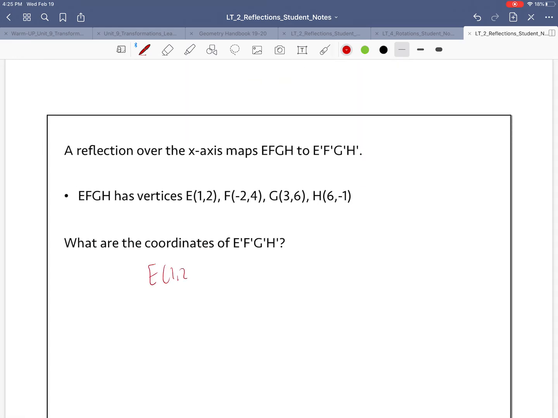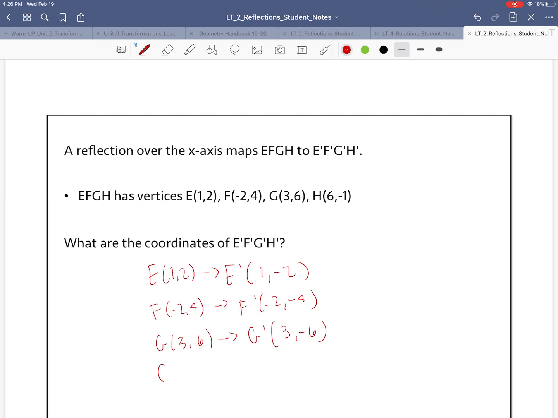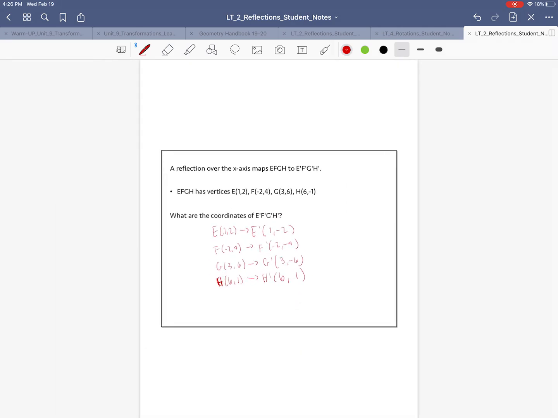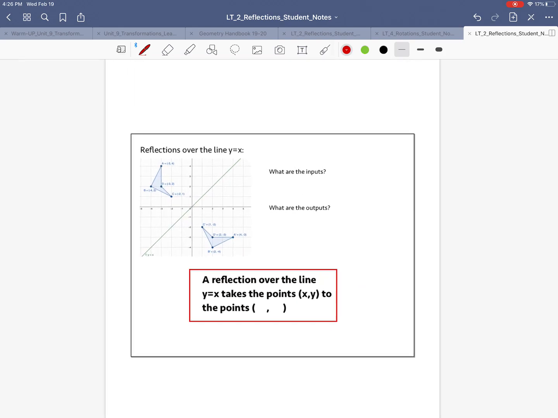It'll take E to E prime, which would go x comma negative y, F to F prime, which is negative 2 comma negative 4, G to G prime, which is 3 comma negative 6, and H, sorry about that, to H prime, which would be 6 comma 1. Perfect. So then we move on.